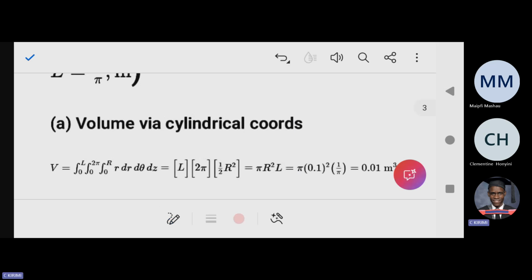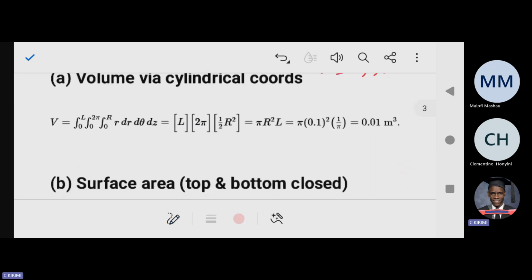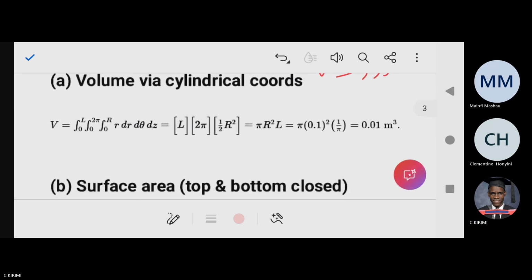So whenever you are calculating the volume, V is equal to the triple integral of r dr d theta dz. Now it's a matter of putting in your limits, ranging from what to what. Remember, this is a cylinder.